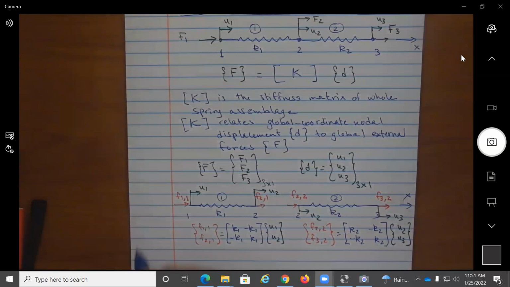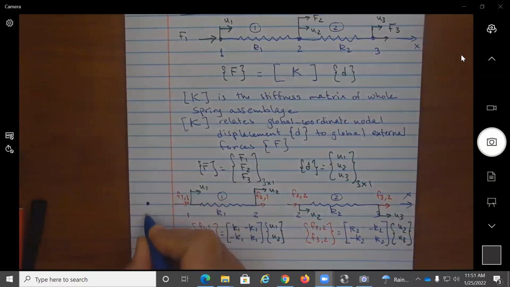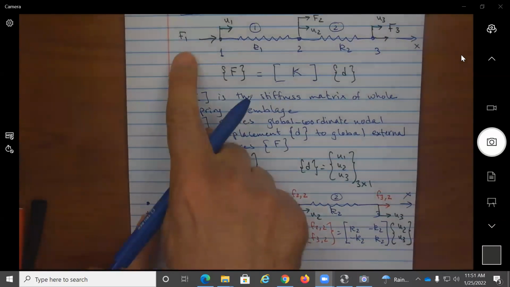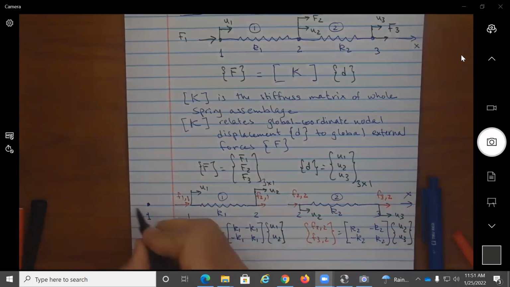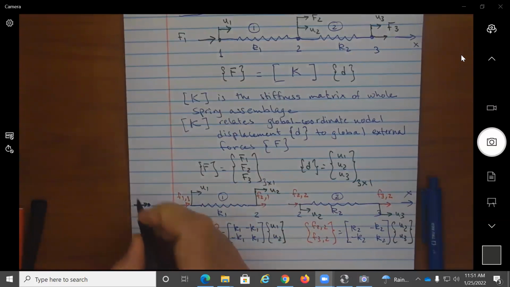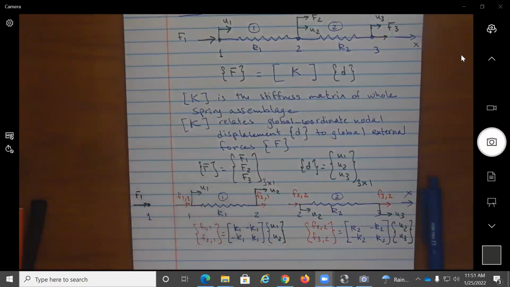So if I look at node 1, node 1 is subject to an external force, F1, and we have a force from the node acting on element 1.